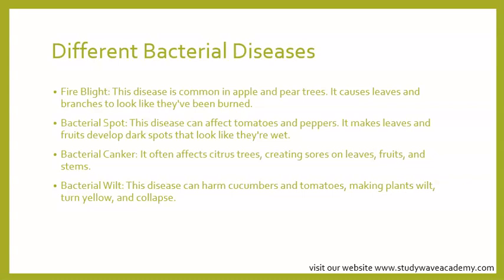Bacterial spot. This disease can affect tomatoes and peppers. It makes leaves and fruits develop dark spots that look like they're wet. It causes dark spots on leaves and fruits, which can lead to reduced crop quality and yield.